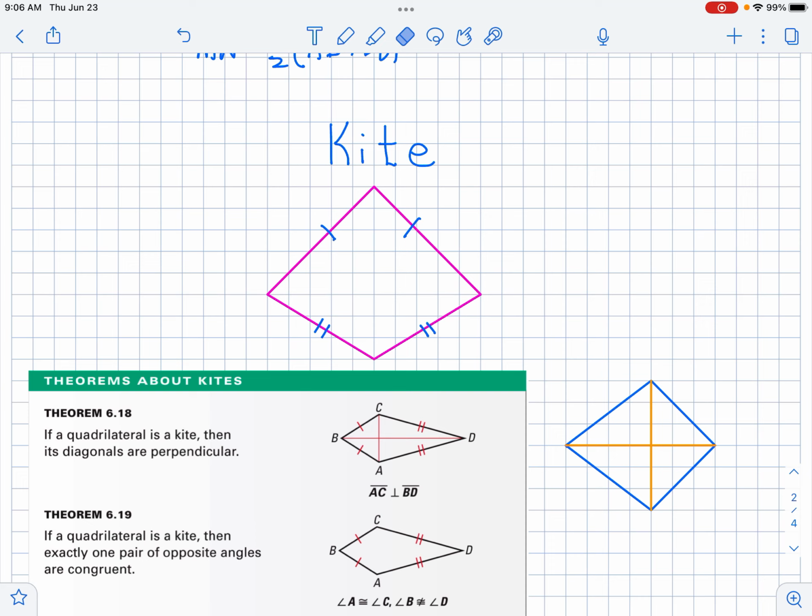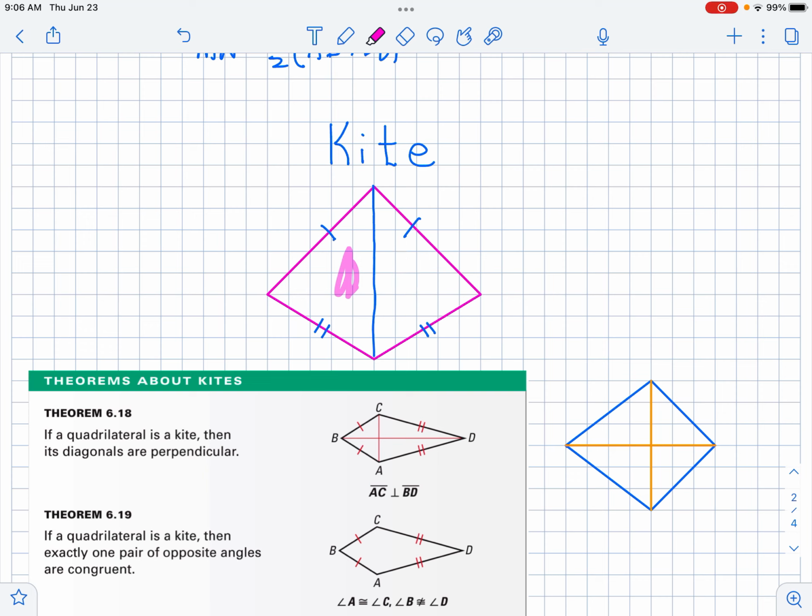Now, just some things to notice about this kite. Notice if I were to drop a line down here like this, you can see immediately that we have 2 triangles, and in fact, this triangle over here and this triangle here, those are congruent.